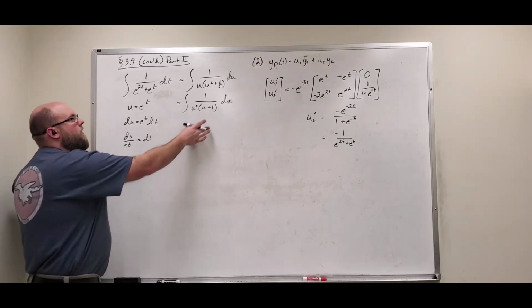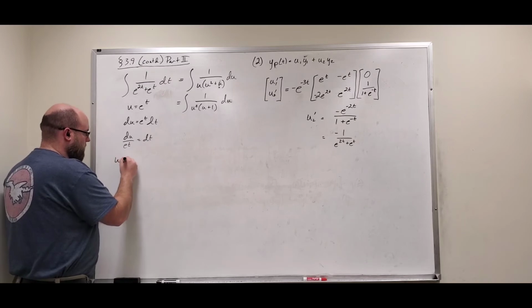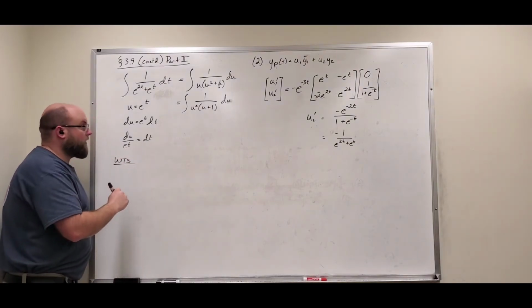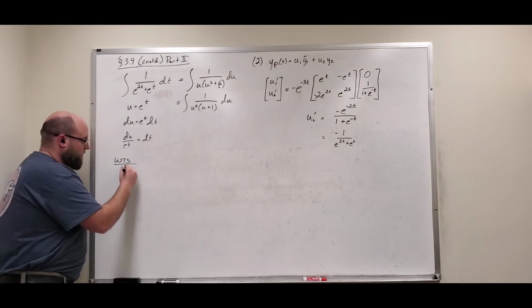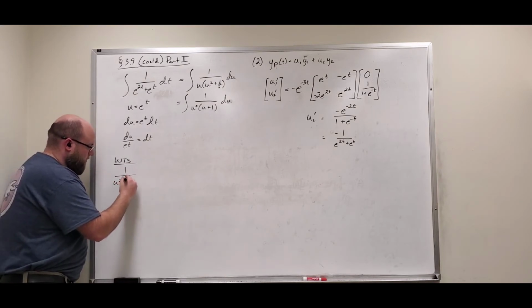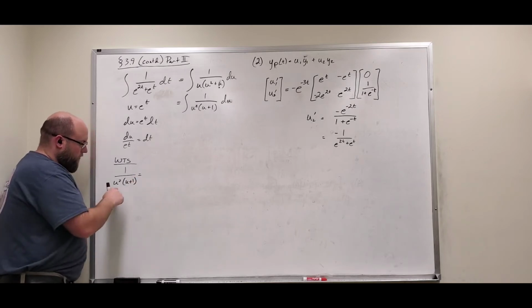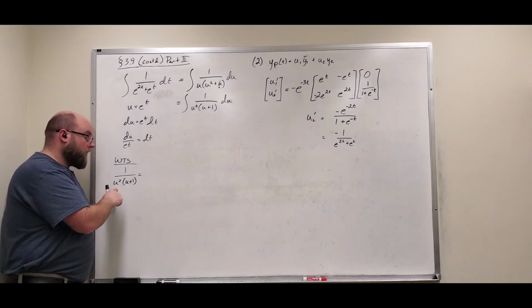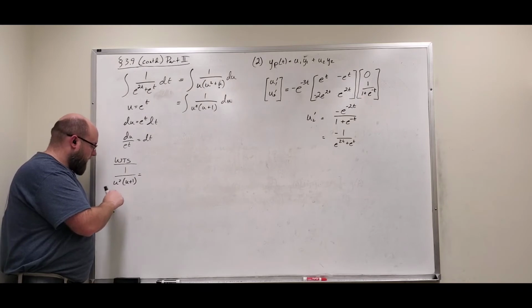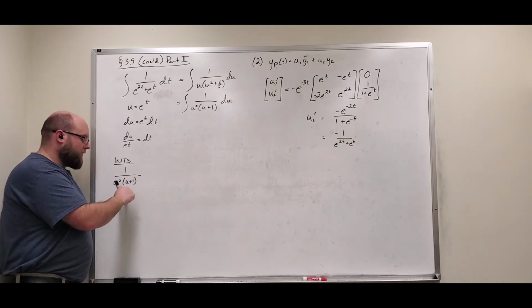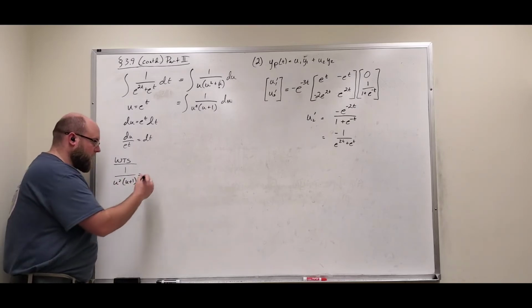All right. Now I have this separated. So this is going to be my work to the side here. So what I'm doing with this, I have u squared, u plus 1. When we have an irreducible quadratic and a linear factor, the nice thing here is there's no repeat, so this is really nice.